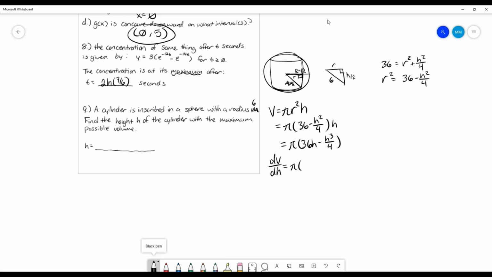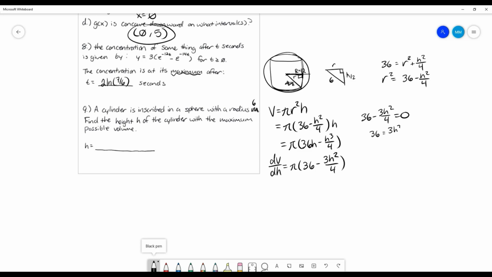I get pi times 36 minus 3h squared over 4, and that's going to equal 0. So 36 minus 3h squared over 4 equals 0.